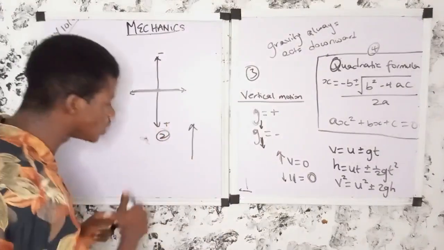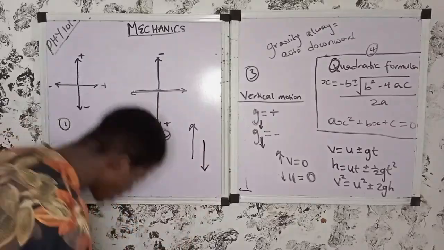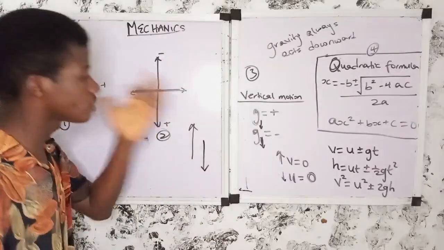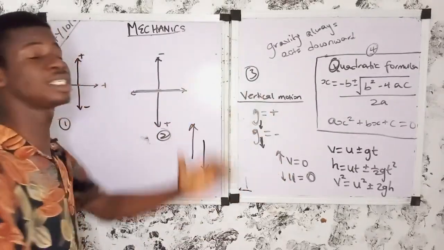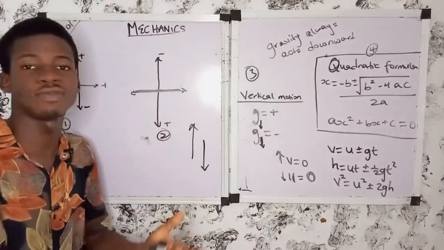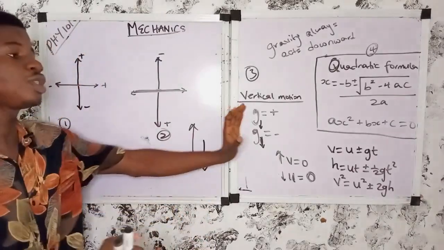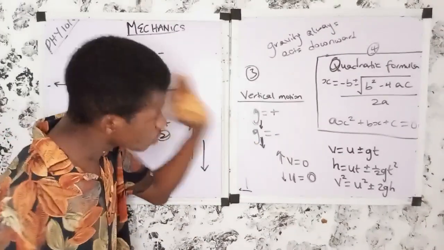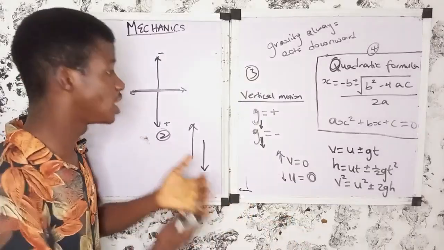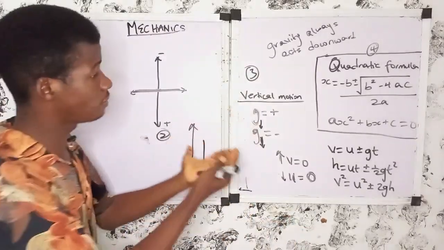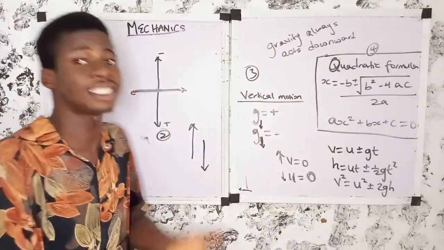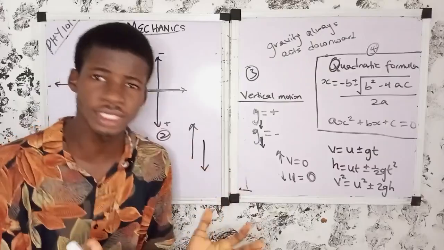And when a body is falling downward, what is the sign for g? Is g positive when a body is going up, or is g negative when the body is going downward? Now, this is one of the most confusing parts of vertical motion: the sign of g, whether a body is moving upward, if the sign of g is positive or negative, or whether a body is moving downward, if the sign is negative or positive.